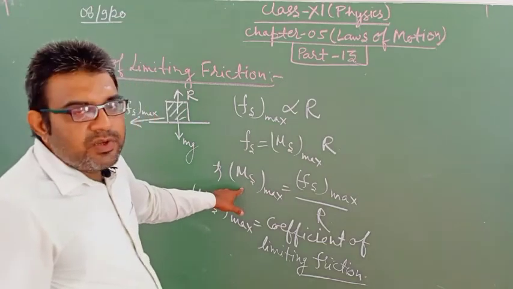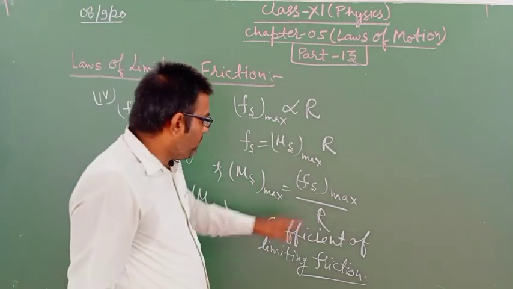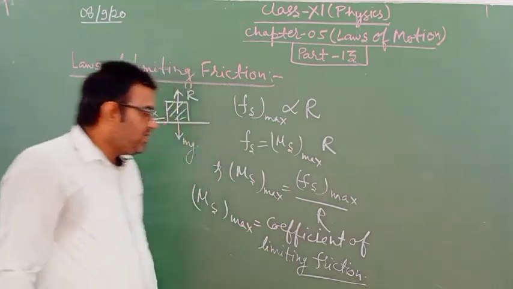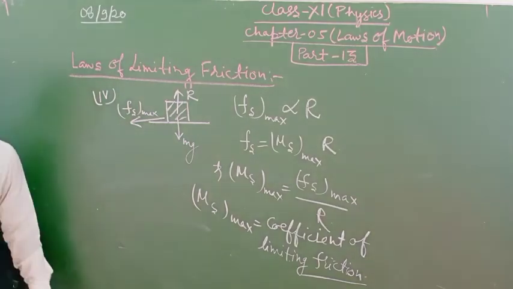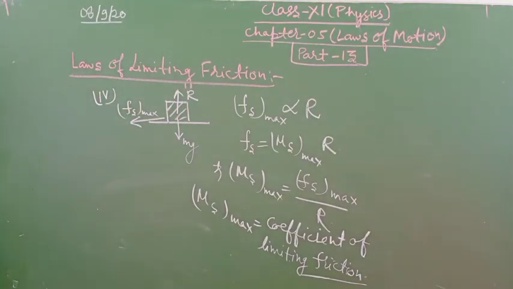So the value of mu s max is equal to Fs max upon R, and mu s max is called the coefficient of static friction or coefficient of limiting friction.